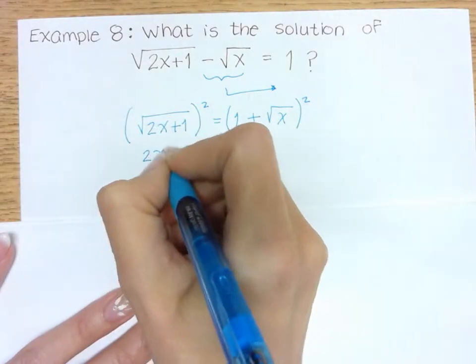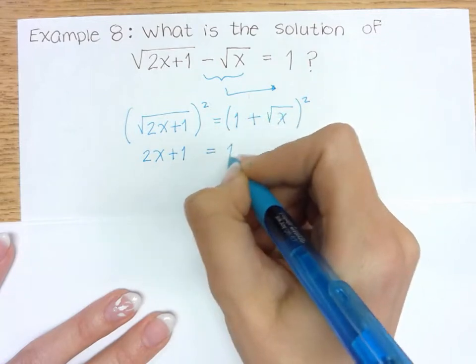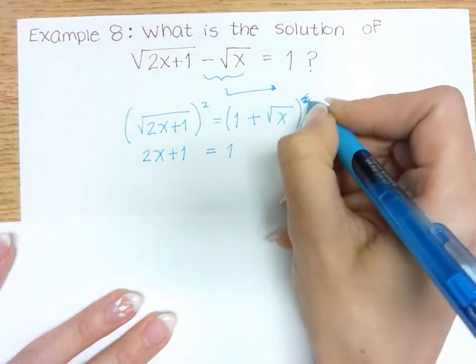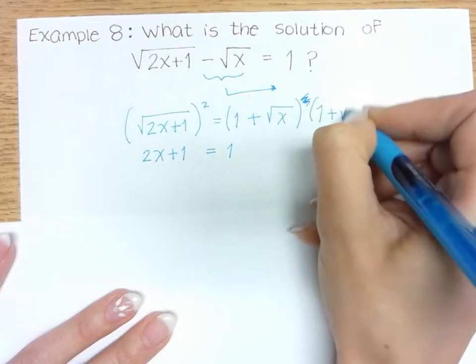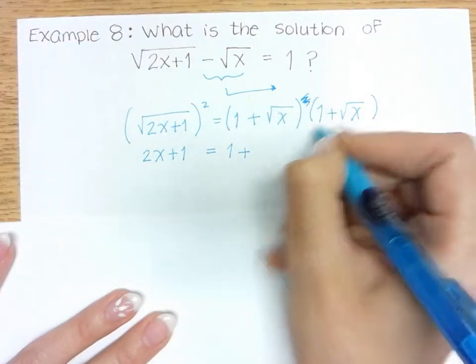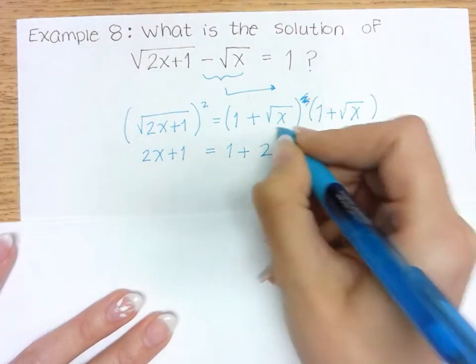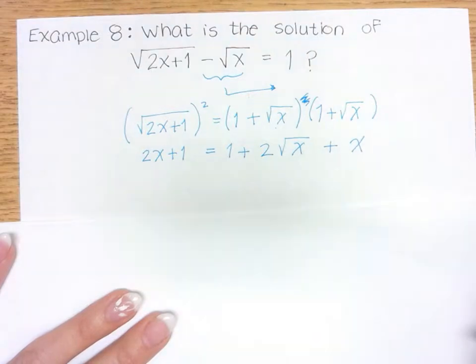This will be a 2x plus 1 only. This side, 1 plus rad x plus rad x plus x. So it's 2 rad x plus x, since square root of x squared is just x.